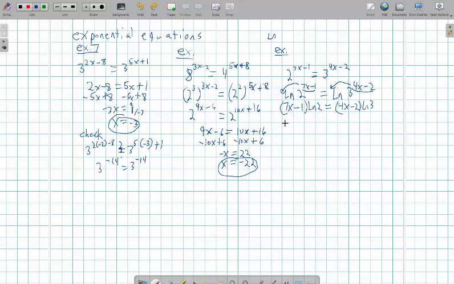And that's it. So multiply the ln of 2 through to remove the parentheses, 7x ln of 2 minus ln of 2 equals 4x ln of 3 minus 2 ln of 3.